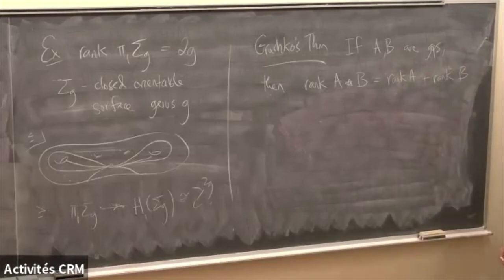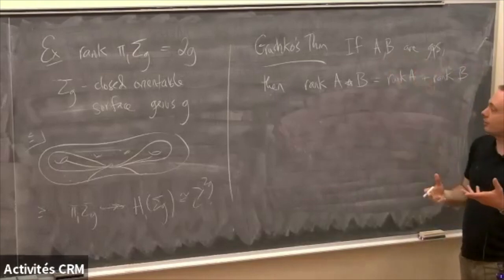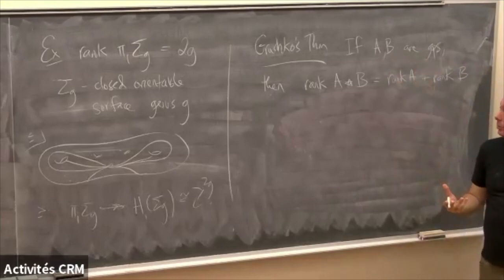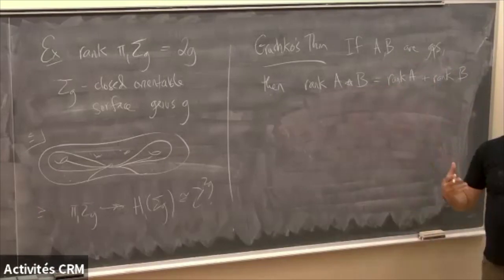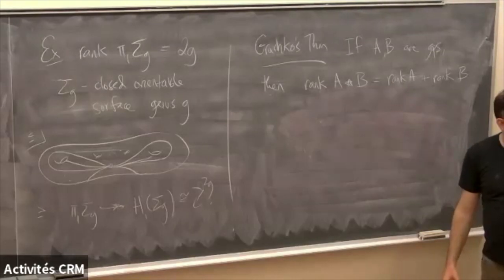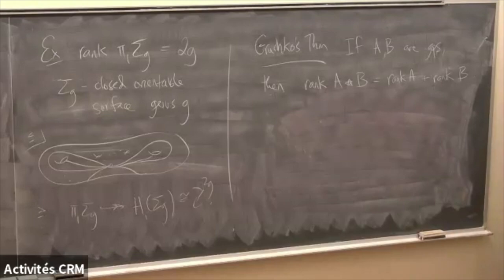If you take a free product, the elements of A and B are interacting as little as possible, so you should expect not to be able to generate it more efficiently than by using a generating set for A and a generating set for B. But the theorem is not so obvious.